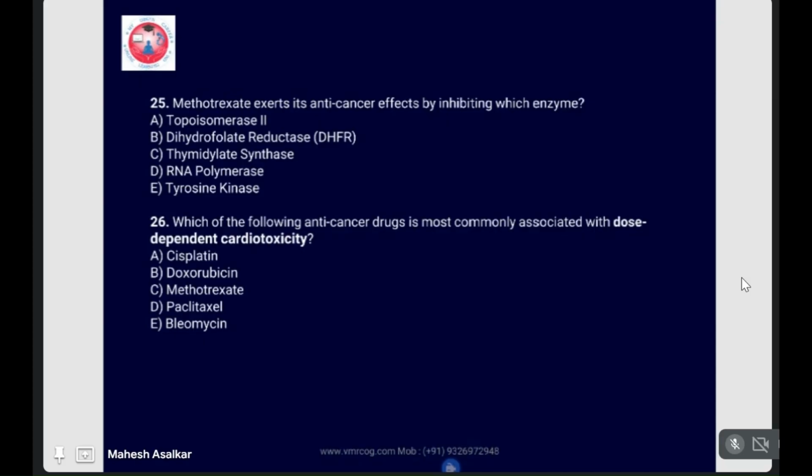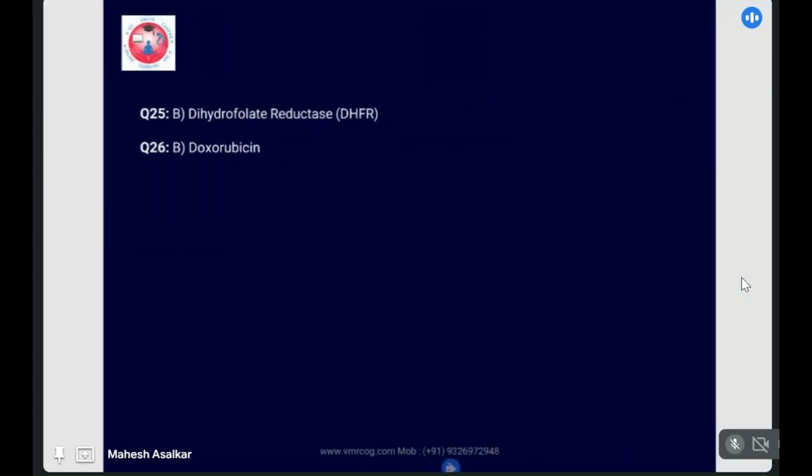Which of the following anti-cancer drugs is most commonly associated with dose-dependent cardiotoxicity? Cisplatin, doxorubicin, methotrexate, paclitaxel, bleomycin. Option B, doxorubicin. Correct. So, question 25, DHFR, that is dihydrofolate reductase, and question 26 is doxorubicin, which causes cardiomyopathy, a cardiotoxic agent.